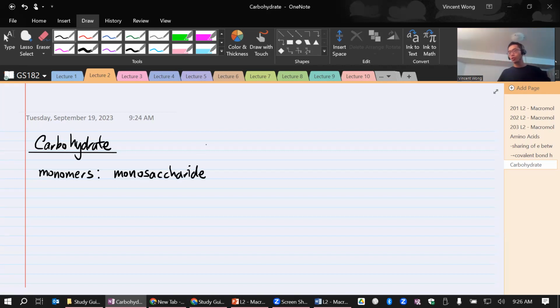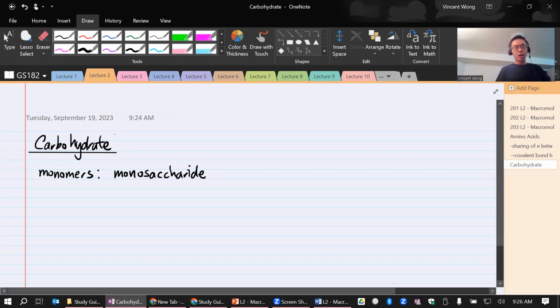This could be your cheat sheet for the quiz. Carbohydrates are made of C, H, and O. And again, for those of you who haven't heard this, you are allowed to use your notes for the quiz. So the monomers are monosaccharides, and we have 3 separate ones.